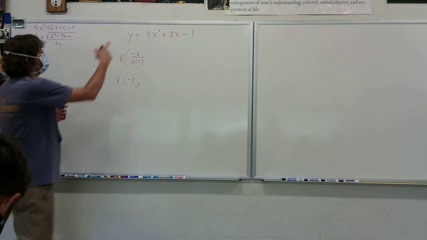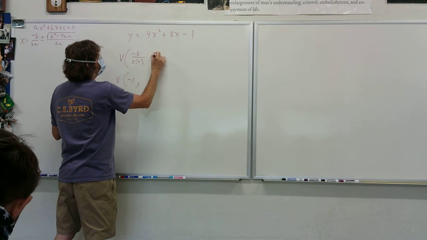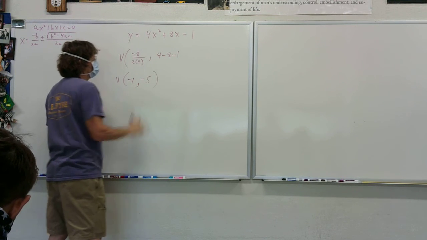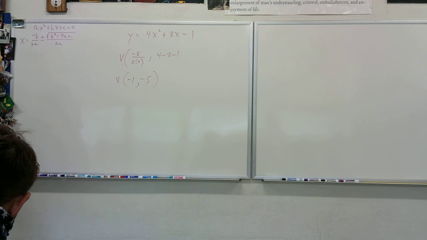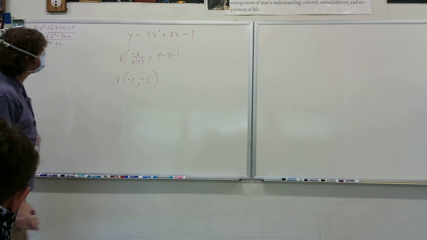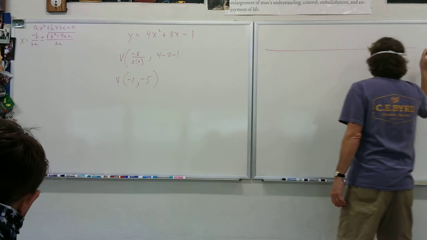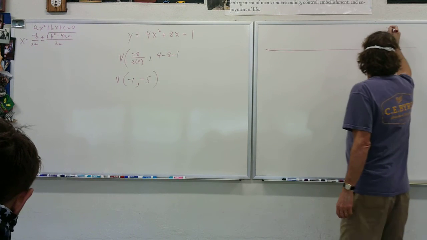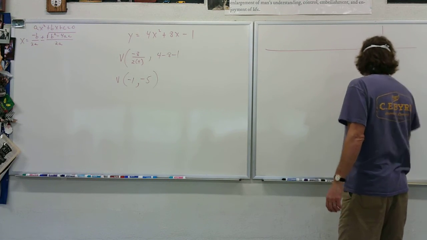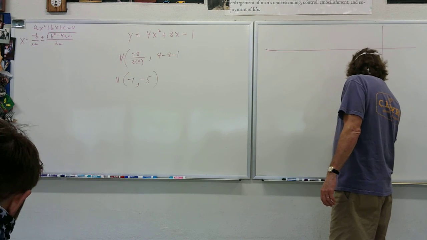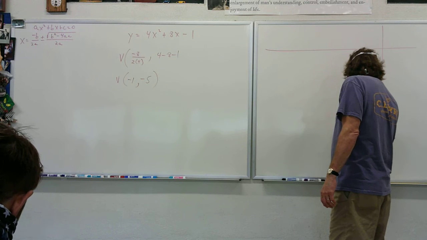You put the negative 1 in there, and you get 4 minus 8 minus 1 is negative 5. Negative 1, negative 5. Put that point down here. Negative 1, comma, negative 5.